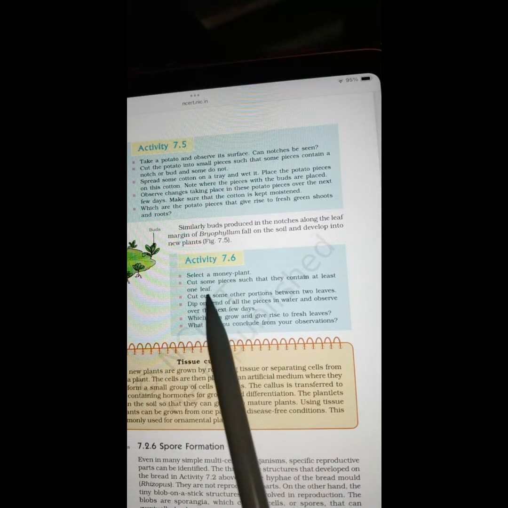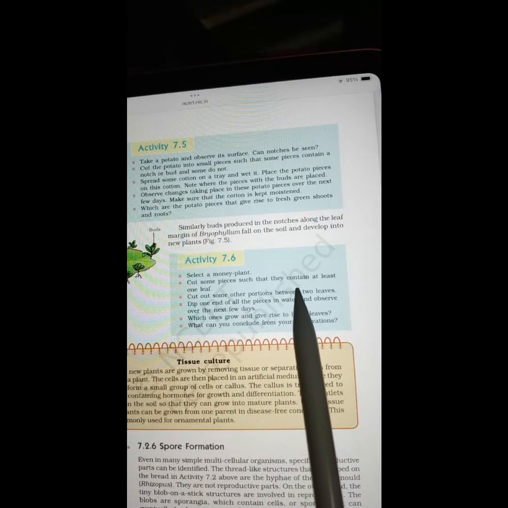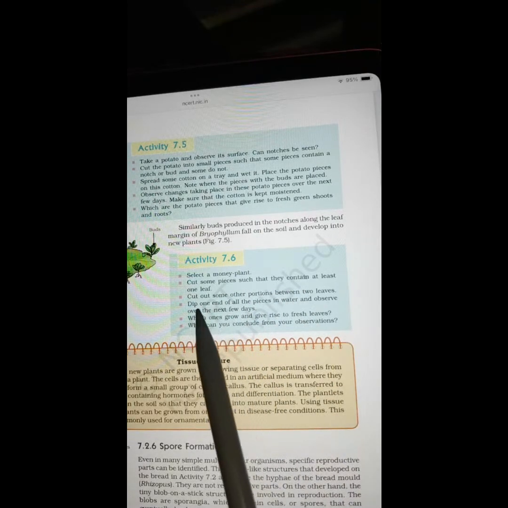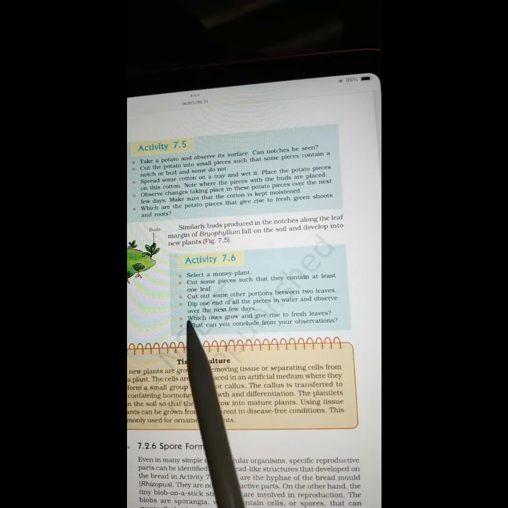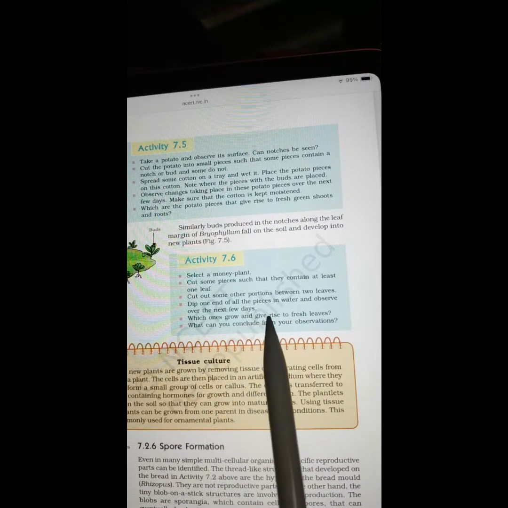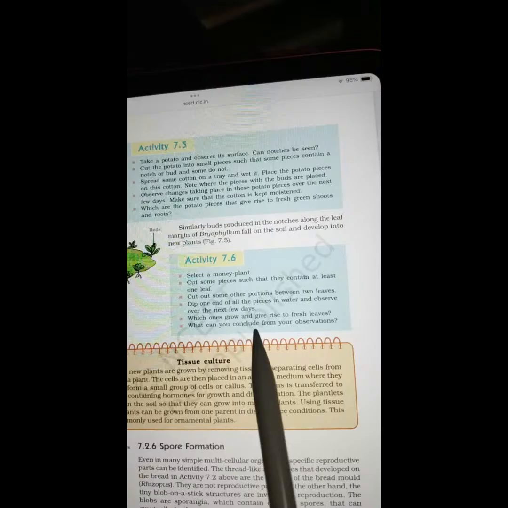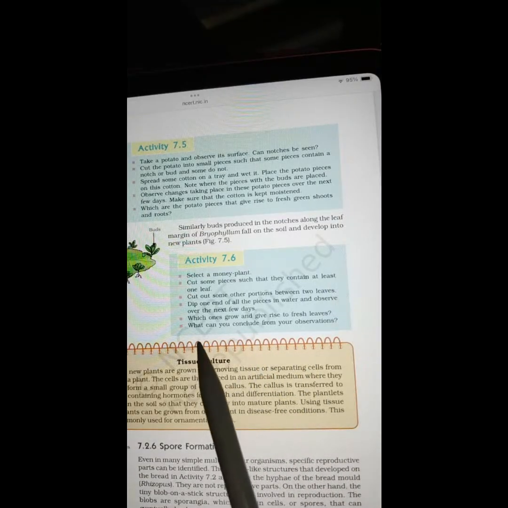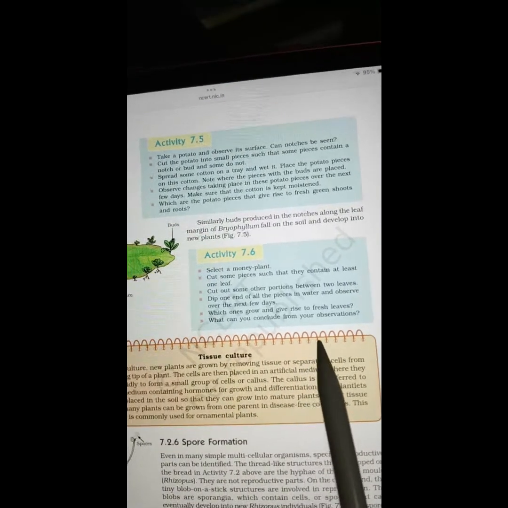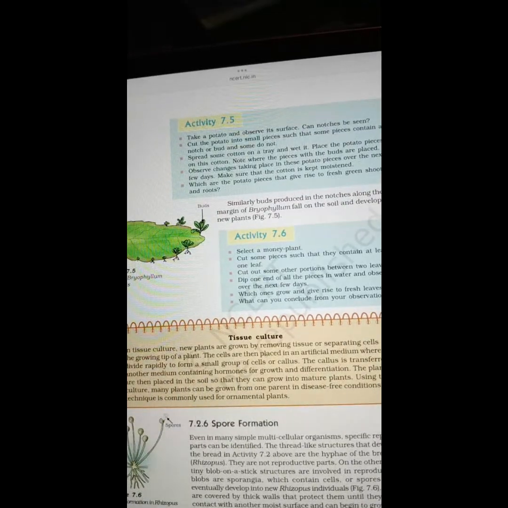Select a money plant, cut some pieces such that they contain at least one leaf. Cut out some other portions between two leaves. Dip one end of all the pieces in water and observe over the next few days which ones grow and give rise to fresh leaves. What can you conclude from your observations?